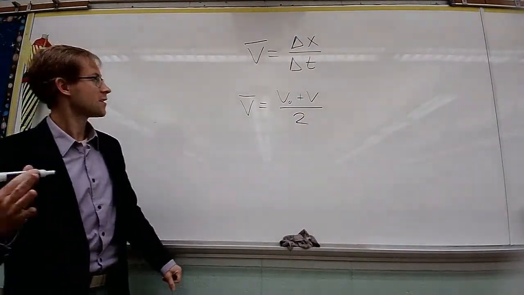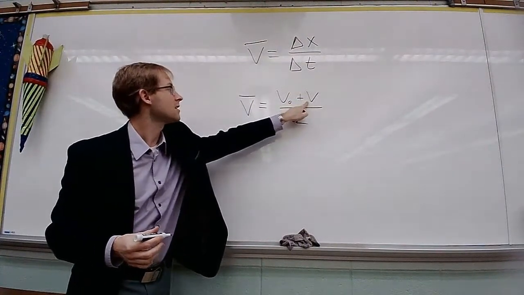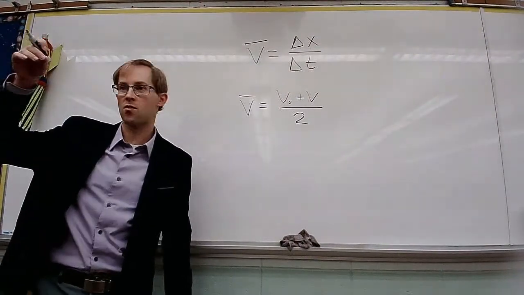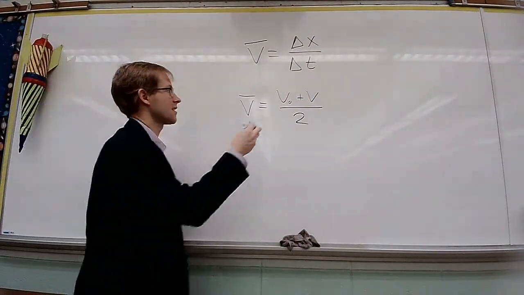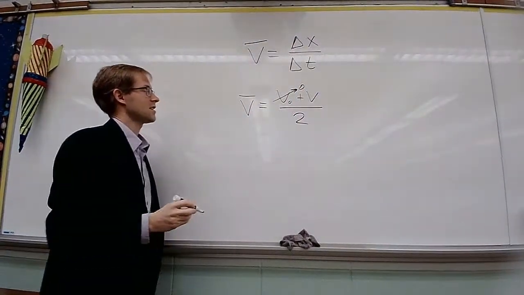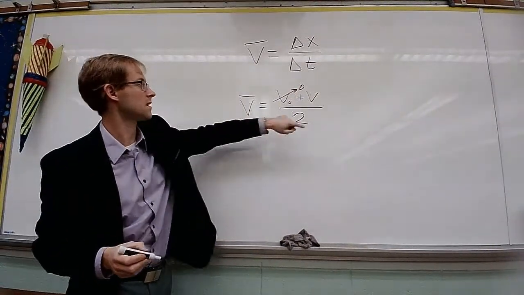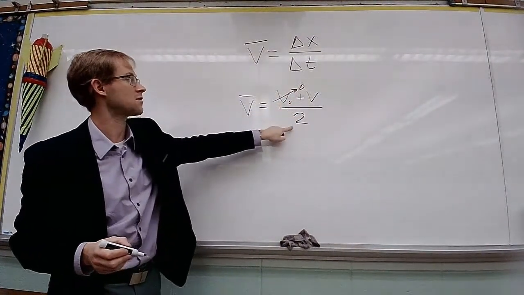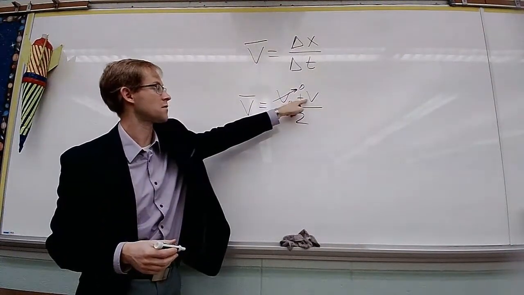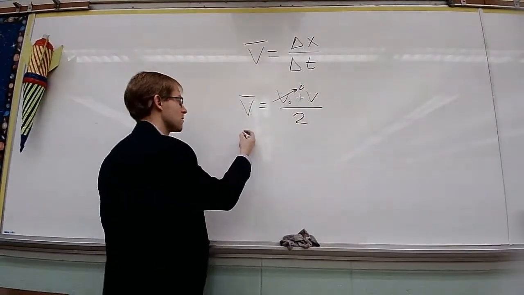So, if we wanted to solve for final velocity right here, and if we release that car at the top of the ramp from rest, that means this goes away, that's 0. So essentially, average velocity is equal to final velocity divided by 2. Therefore, in order to get your final velocity, you'd have to multiply both sides by 2.